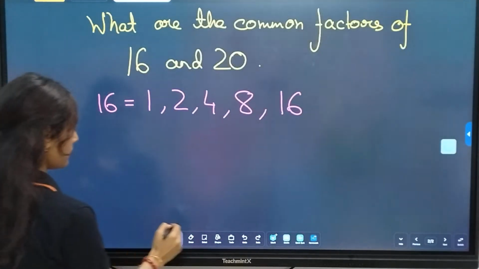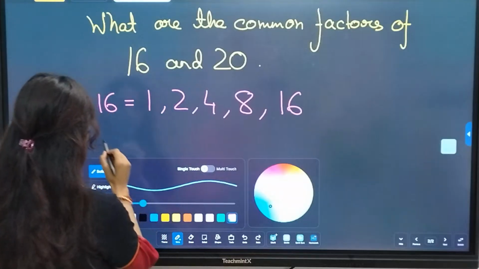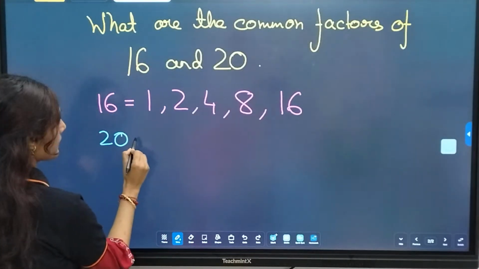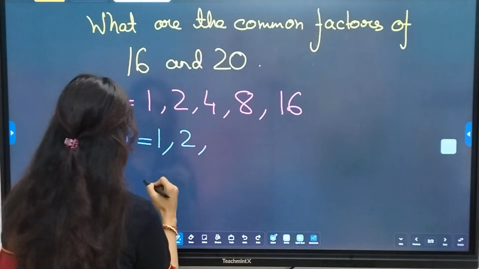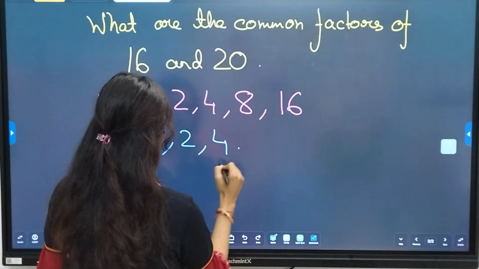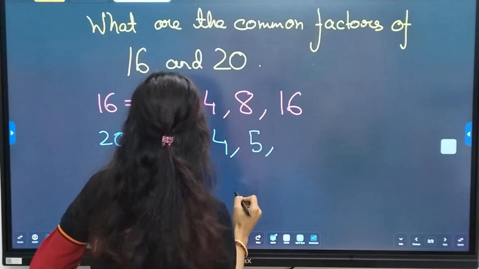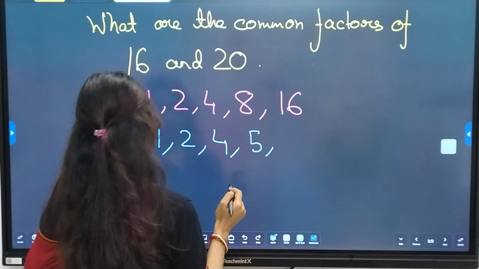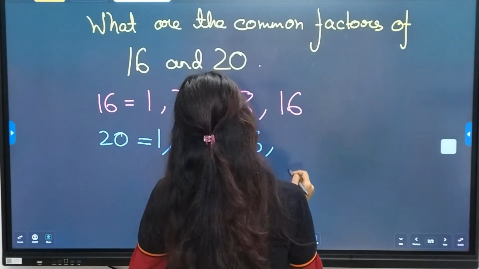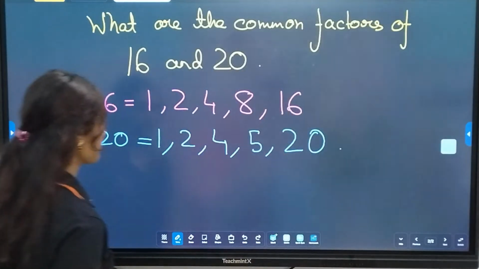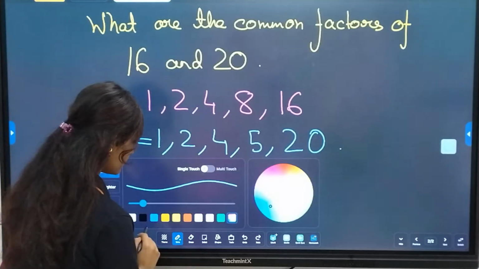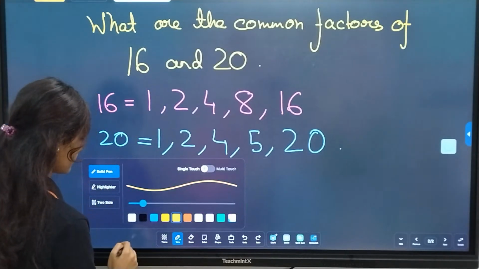Right? Now in case of 20, 20 can be divided by 1, 2, 4, 5, 10 and 20. Now you have to just compare the common factors.